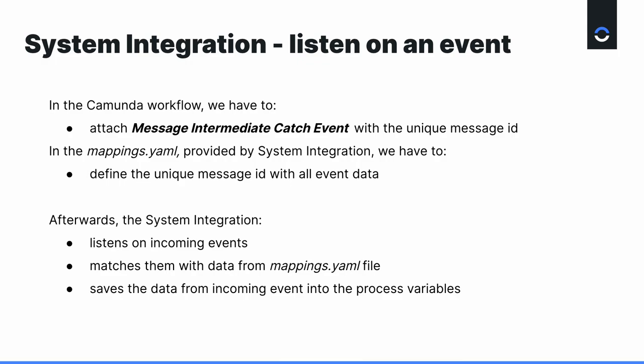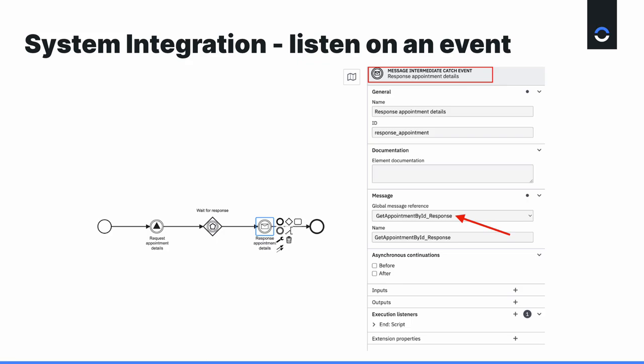And now it's everything. Afterwards, the system integration listens on incoming events, matches the event from our event bus with the data provided in the mappings YAML file, and saves the data from the incoming event into the Camunda process variables.